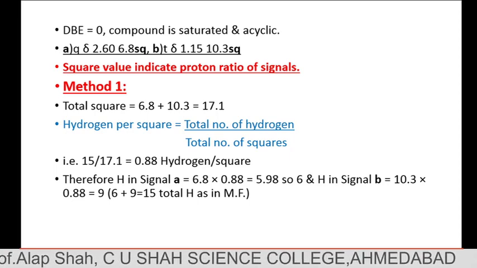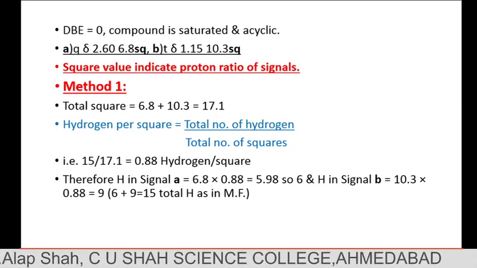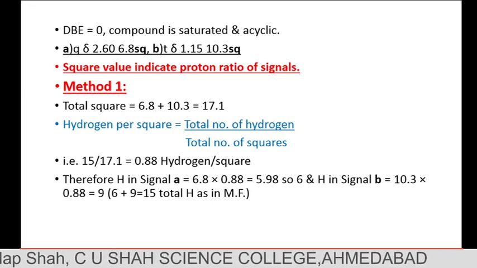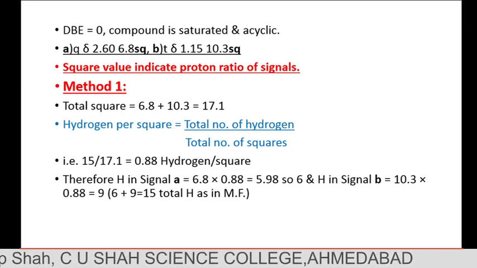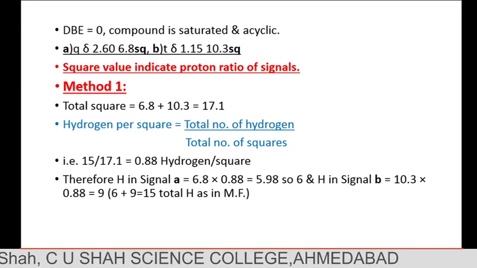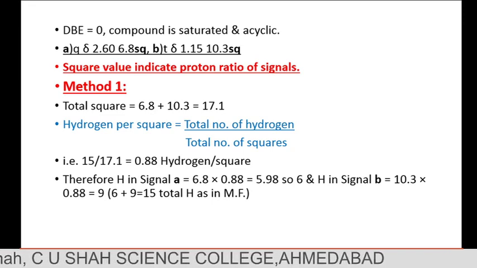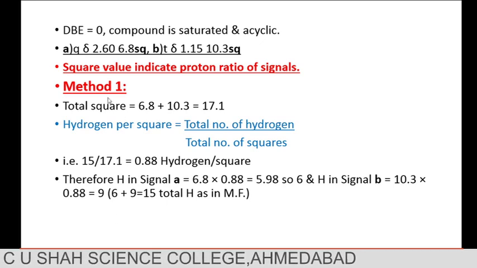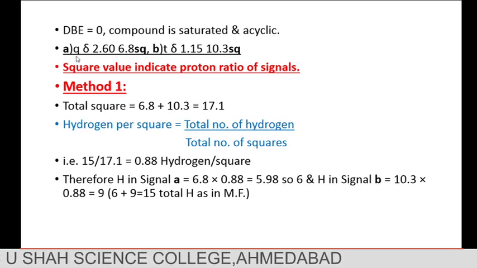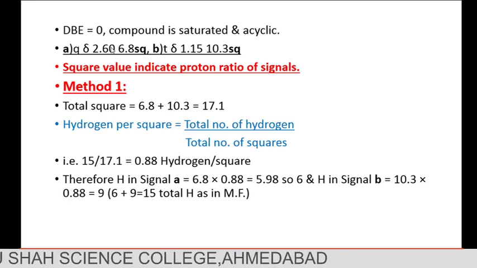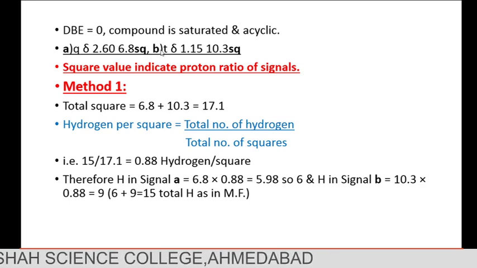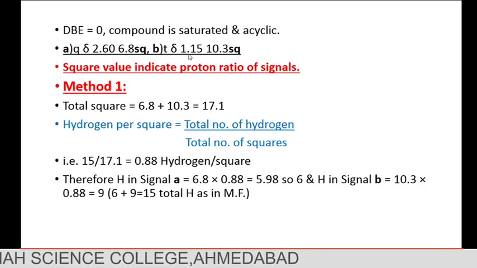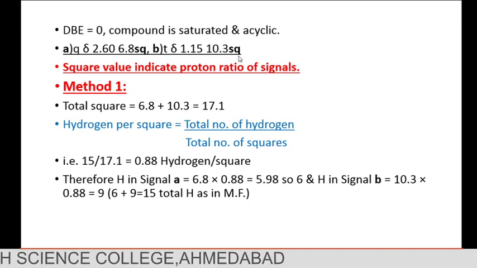So far I think you must understand how to deduce the molecular formula when the percentage proportion of different elements is given. Now, the second new information given in this problem is the area value. This is the first signal quartet 6.8 squares, and the second signal triplet 10.3 squares.